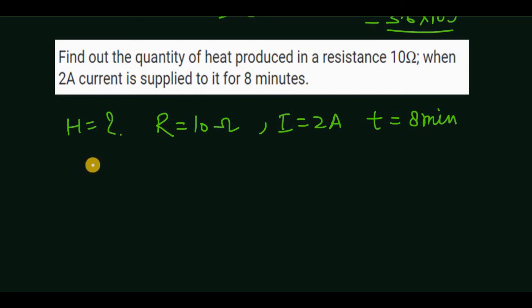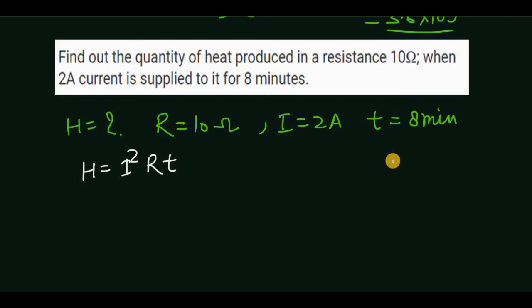Joule's law of heating. So here H equals I square RT, the formula you will use here. Now the time is here given in which units? The time is given in minutes, but you need the time in seconds.